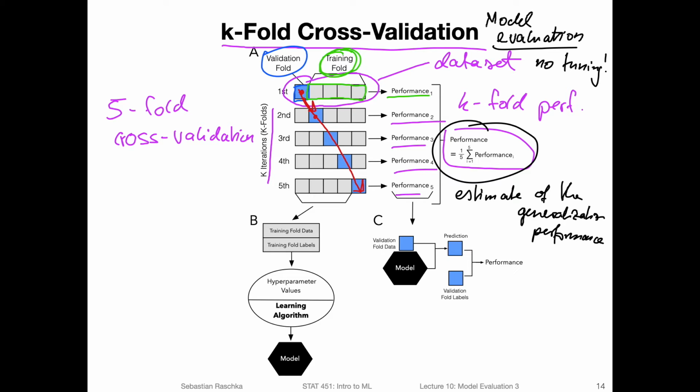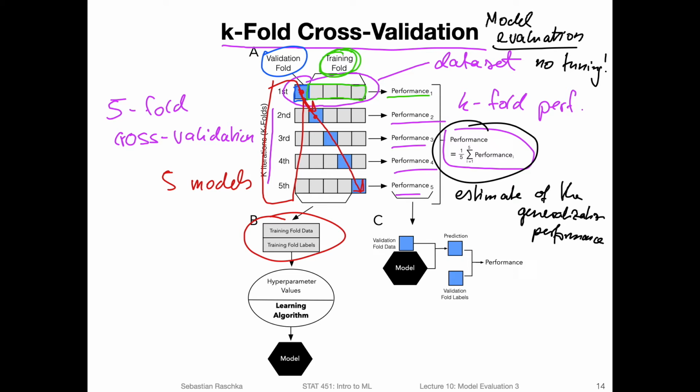However, now let's say you want to use the model in practice. The problem now is which model are you using in practice, because you have now 5 models here, right? Each model is different. So what you can do, after evaluating the performance here, is train a new model on the whole data set.